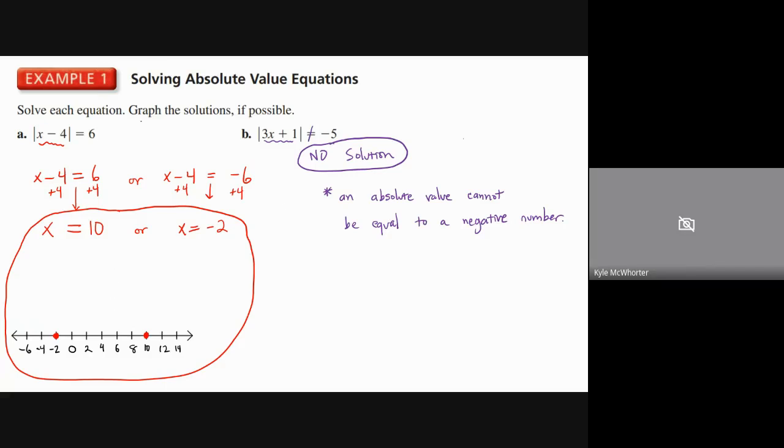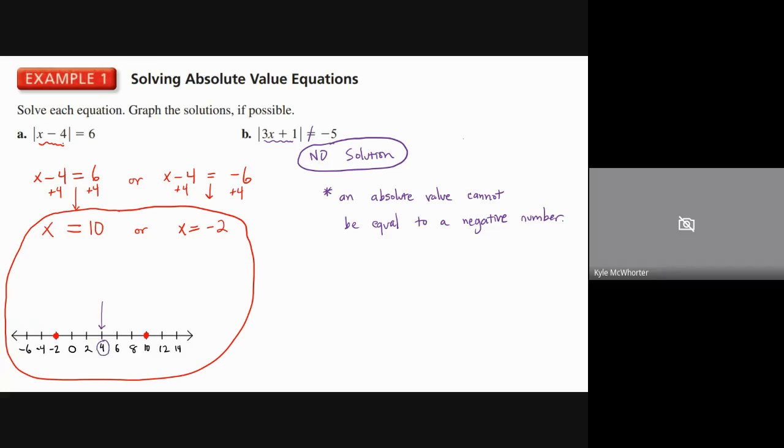Okay, so we're done with example 1, but I want to point something out before we move on. If you look at this graph down here for part A, where our solutions are, what number is halfway between them? 4 is halfway between them.